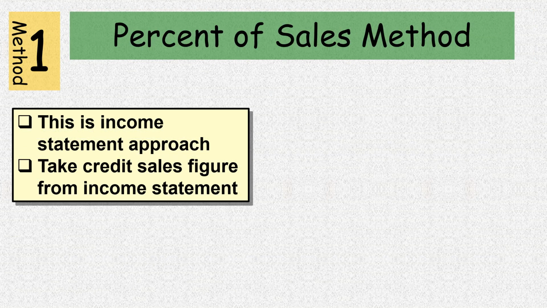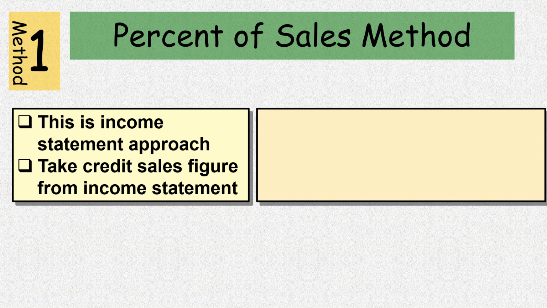Now, this is called the income statement approach. Why? Because we take figures from the income statement to calculate the expected bad debt. The figure that we take from the income statement is the credit sales figure.